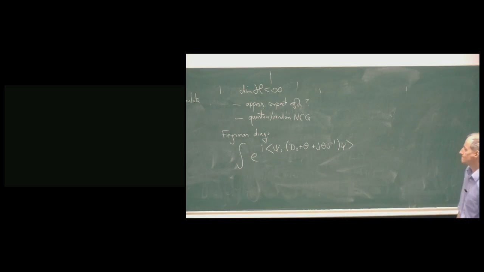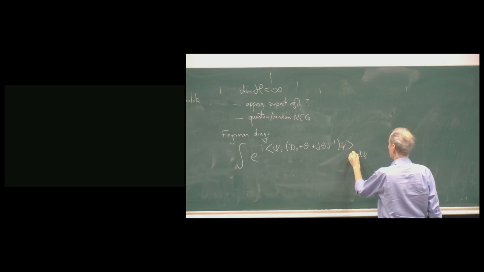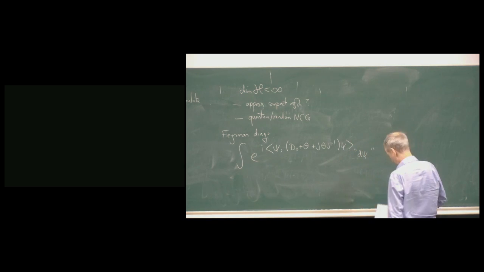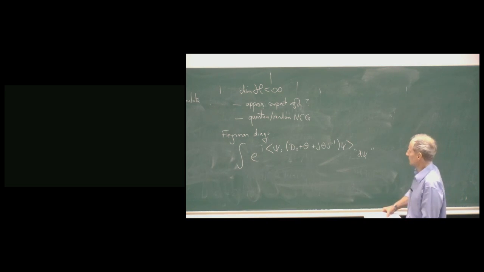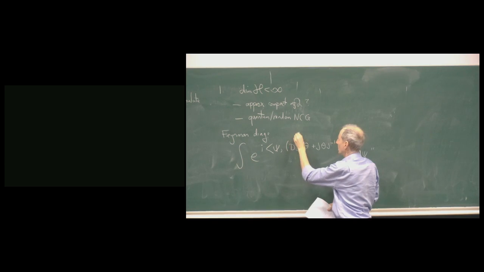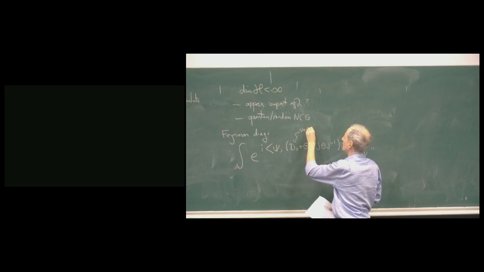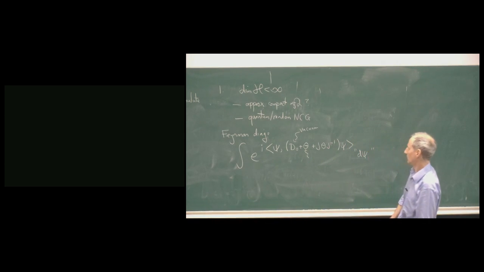And you integrate over the fermion fields, and I guess this. So D naught is the fixed. This is the fixed vacuum, if you like. Theta here is the fluctuation.